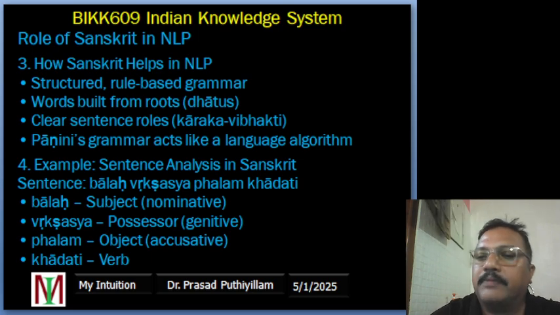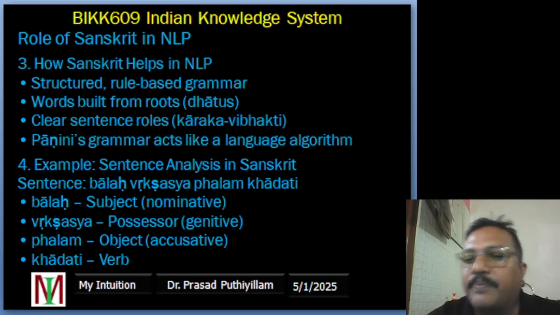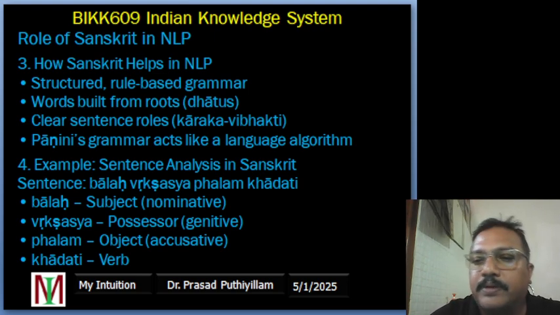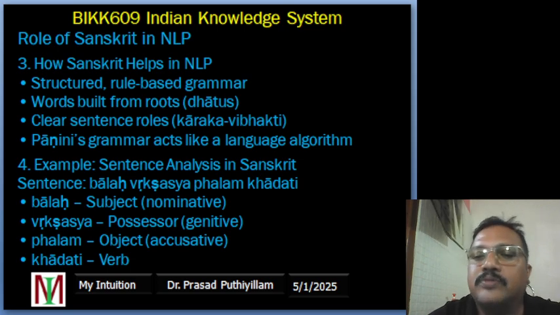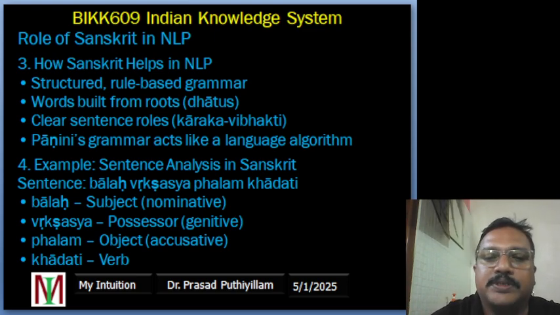Vrikshasya, the tree, shows the possessive, who has the fruit. Phalam, the fruit, is the object, and Khadati is the verb, the action of eating. So this sentence is very clear and it tells us who, what, and how, and that's why computers can understand Sanskrit better and faster than many other languages.